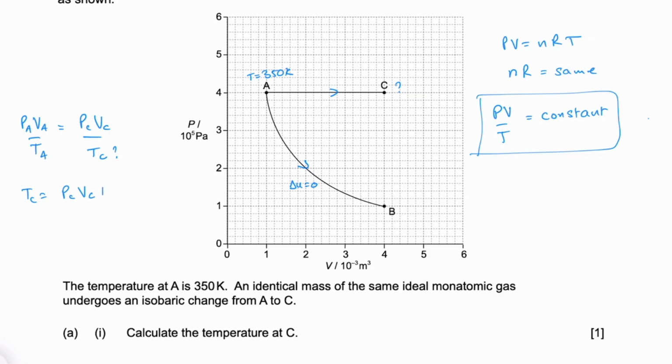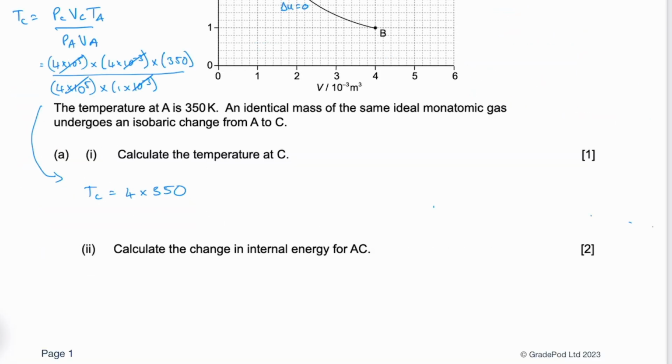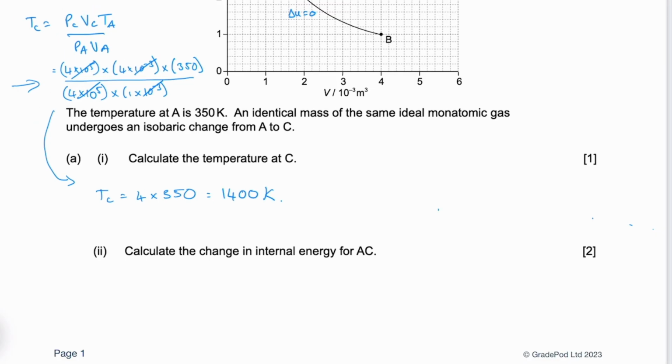Let's plug in all the details. By plugging in all the details, I've been able to cancel a lot of the numbers, and it becomes a very simple ratio question where TC is equal to 4 times 350, and the temperature is 1400 Kelvin.